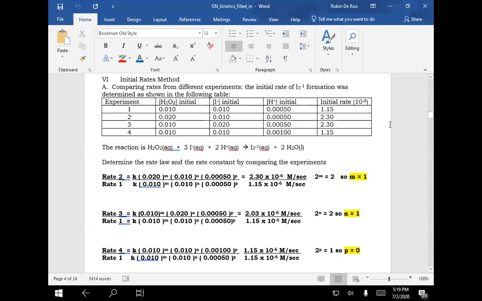So now we're going to look at how to do initial rates method problems. You're going to be given data from multiple experiments.